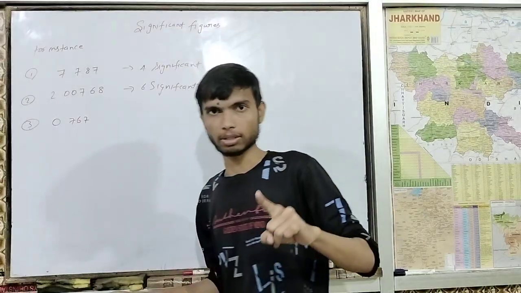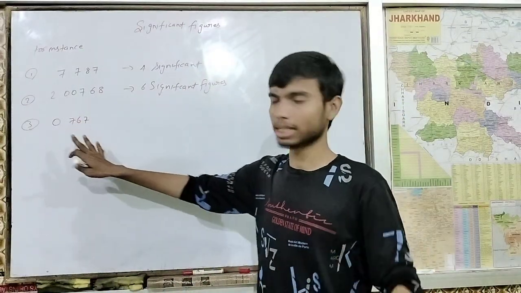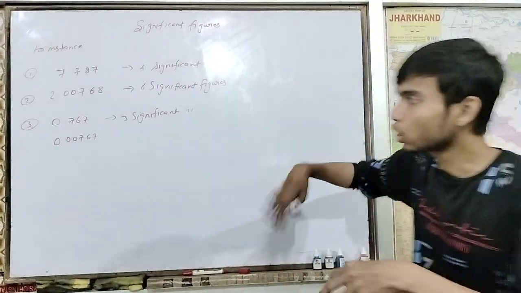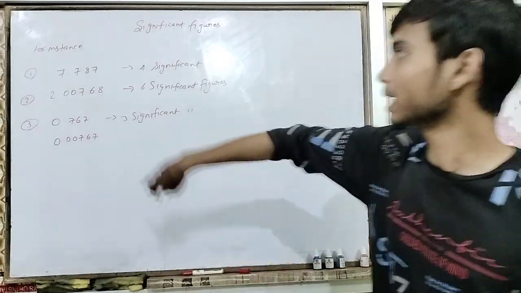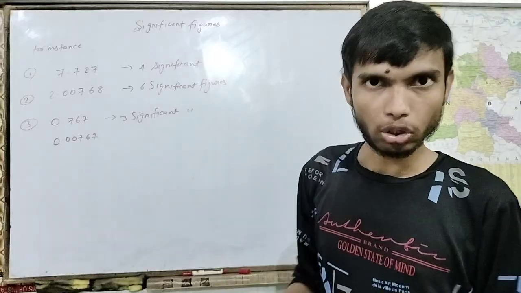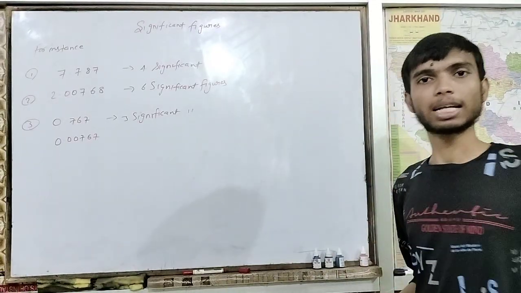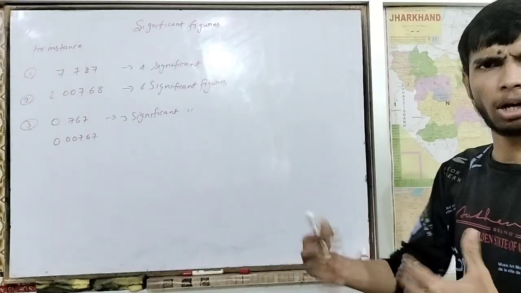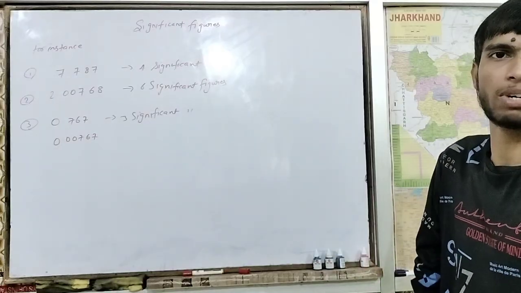So here 7, 6, 7, 1, 2, 3, 1, 2, 3. There are three significant figures. Clear? But what about this 0.00? Here, there are two zeros coming after the decimal, and in this we saw that if zeros are coming after a decimal, then we were counting those zeros as significant figures.